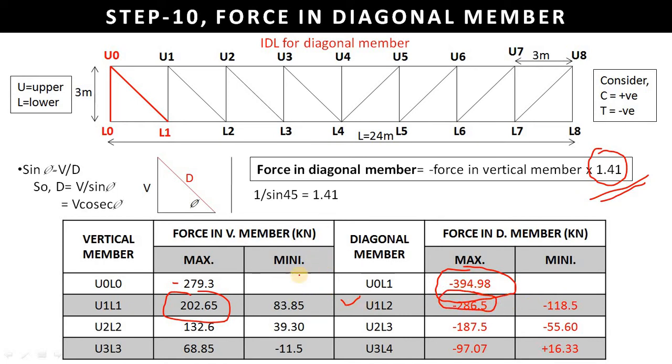Similarly, the minimum force in the vertical member into 1.41, so we'll get 118.5 kilonewton. Similarly, we have to calculate the diagonal member forces, maximum as well as minimum, in U2 L3 and U3 L4.